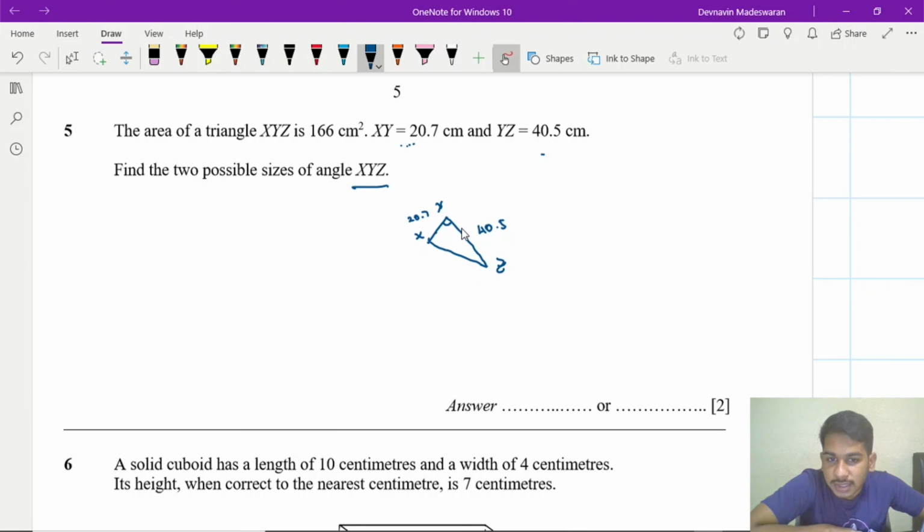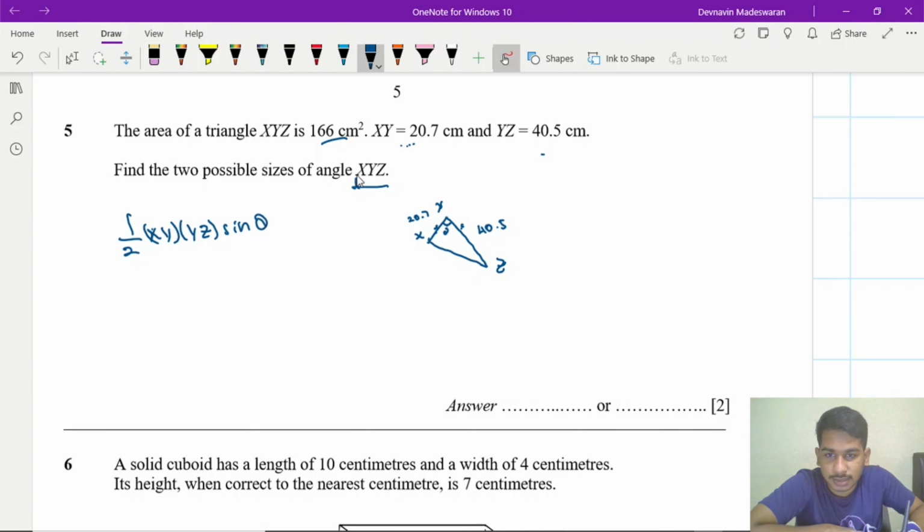We have two sides, and we know the area. So we can use this angle and these two sides to get the area using the, what is it called, sine rule for area: half ab sine C. So half XY times YZ times sine theta.